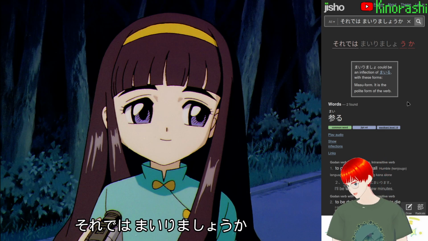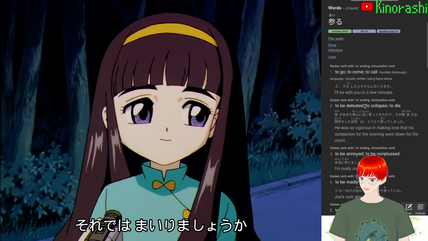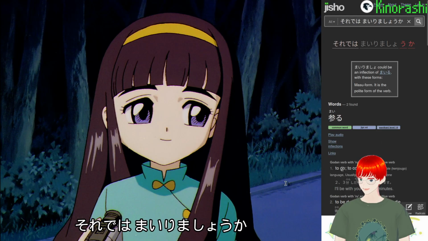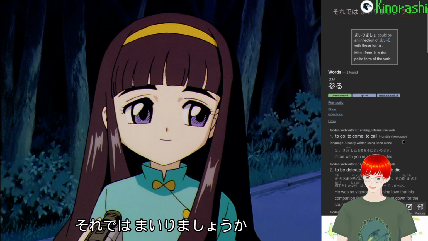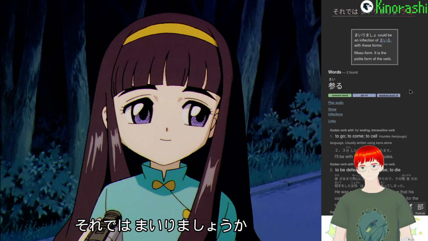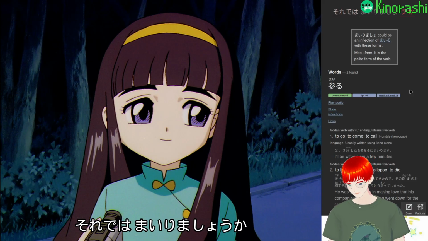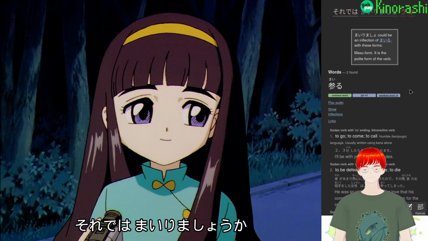To go, to call, to be, to collapse, to die, to come, to be in. Okay, so this has a general go or come meaning. So, mairu, to go. In other words, let's, mairimashou, or shall we go, essentially. So, from that, shall we go?